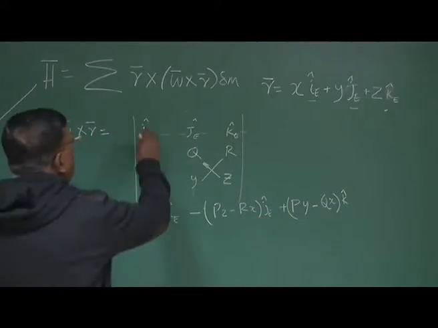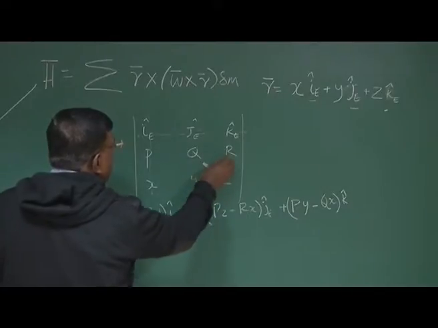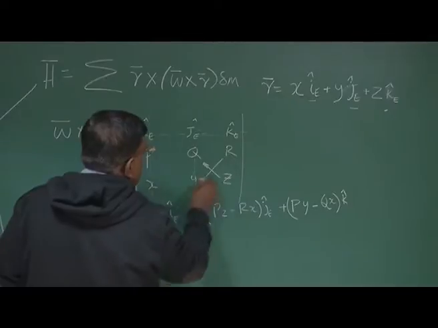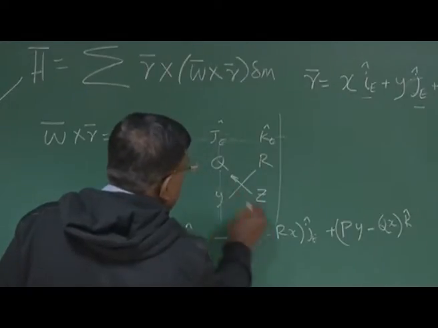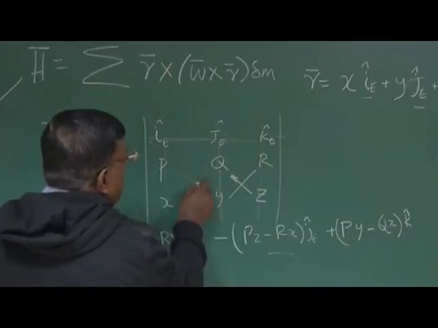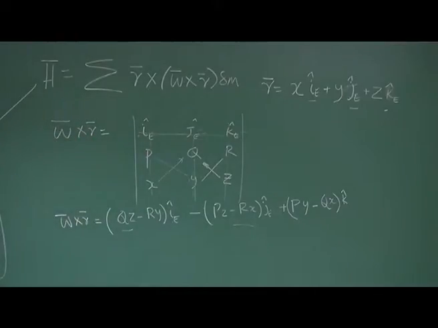You know very well how to do it. So Qz minus yR for I, minus for J it is Pz minus Rx, and similarly for K it is Py minus Qx. So this is omega cross r.